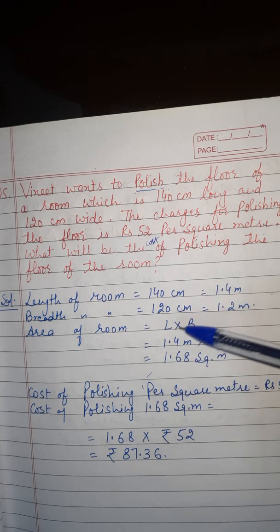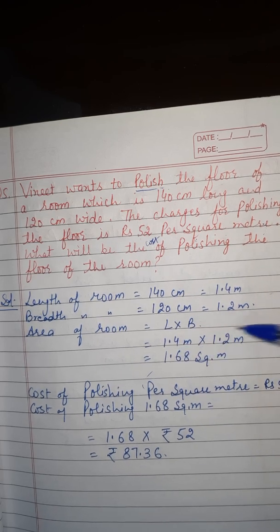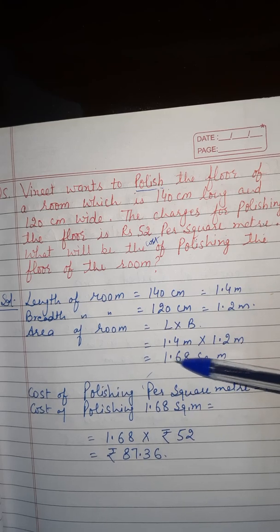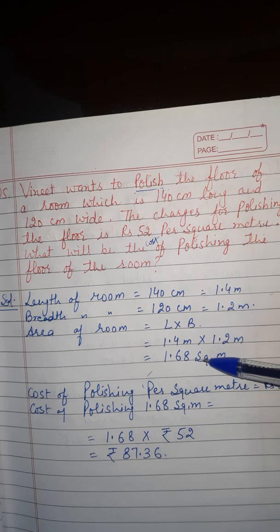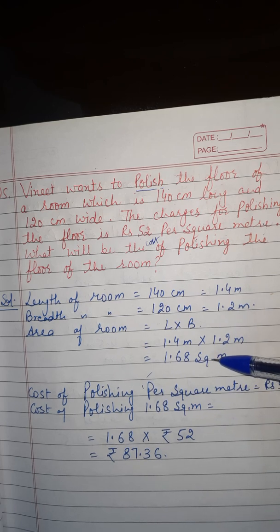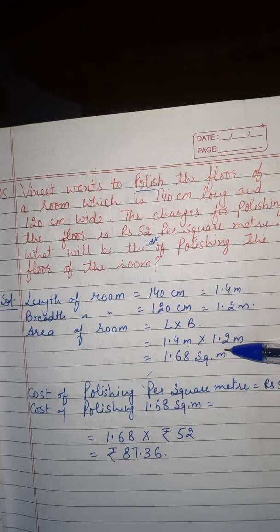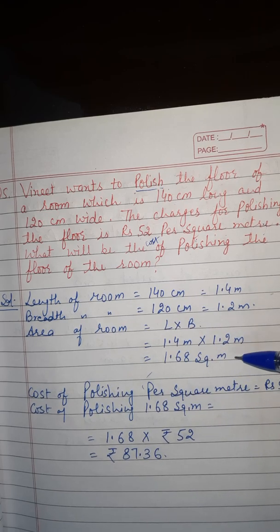Now the area of the room will be length multiplied by breadth. Again we will multiply the given dimensions. So the area will be 1.68 square meter. Square meter, because square is the unit to calculate the area. Now the total area is 1.68 square meter. It means we have to find the cost of 1.68 square meter area.